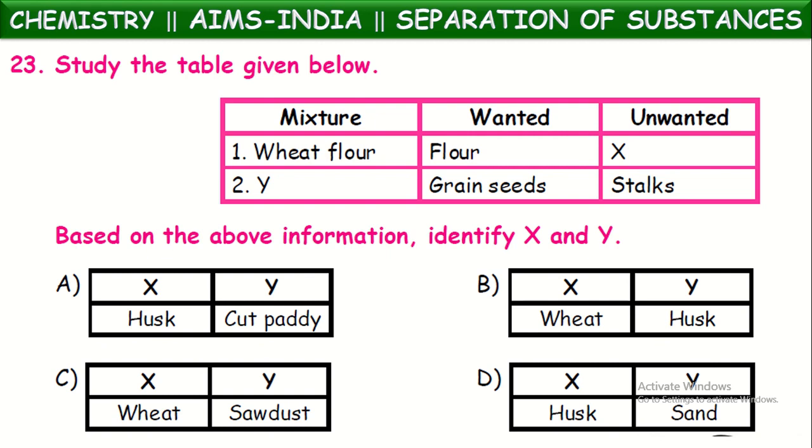And they mentioned one more mixture here, Y. From that, grain seeds are needed and stalks are separated. So what might be that mixture? It's paddy or cut paddy, isn't it? So X will be now unwanted husk, and Y, the mixture of these two, will be cut paddy. So here it is the correct answer.